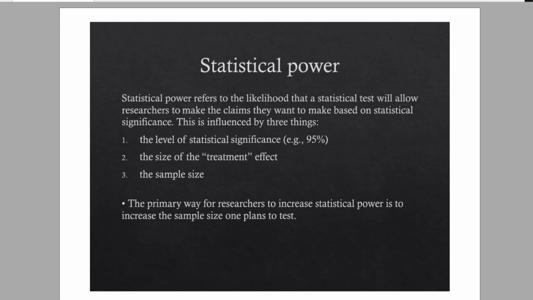You usually can't do much about that, except to choose like a robust measure. And the sample size. That's the one we can change. Yeah. So the primary way that we look to increase statistical power is to increase our sample size. But you'll see power analyses in a lot of research proposals, hopefully more in research publications, although I don't see that very often.